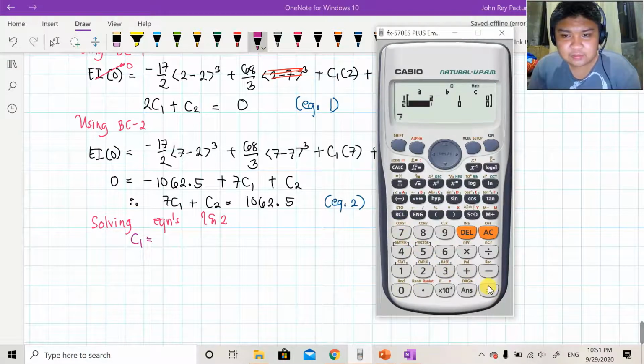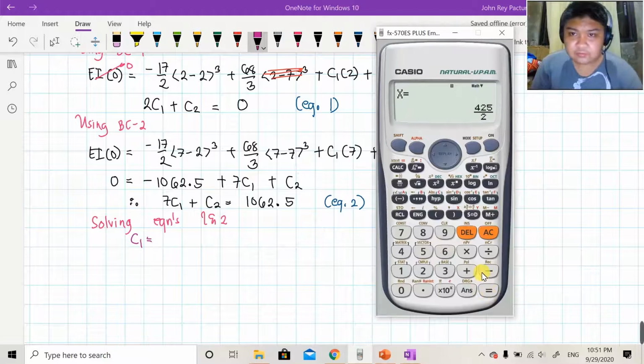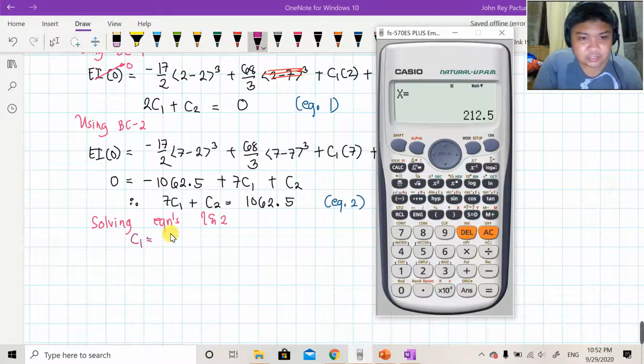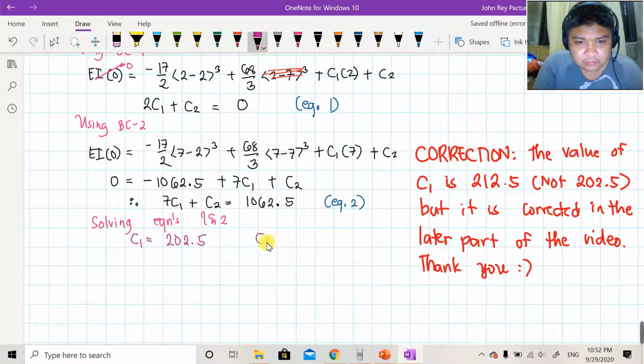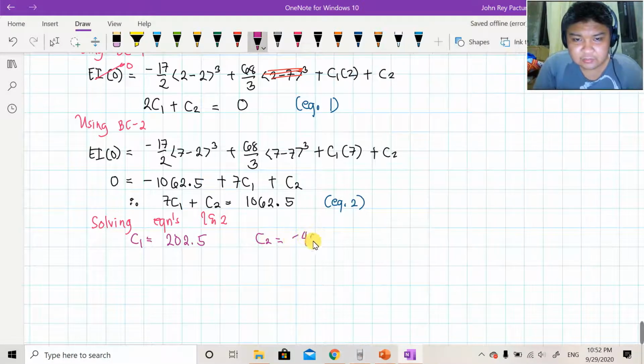And yung pangalawa, 7, 1, 1062.5. Okay, so ang value ng C1 natin is 202.5. And yung value ng C2 natin class ay equal sa negative 425.